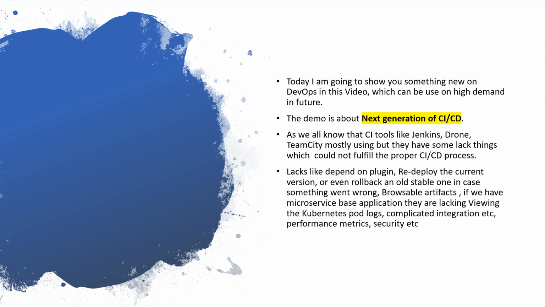Another most important thing is the performance metrics, and the security performance metrics are also not given in a single dashboard, on a single window, where you can check the performance of each and every commit. What is the performance before the commit or after the commit? Everything you can't check in a single window.